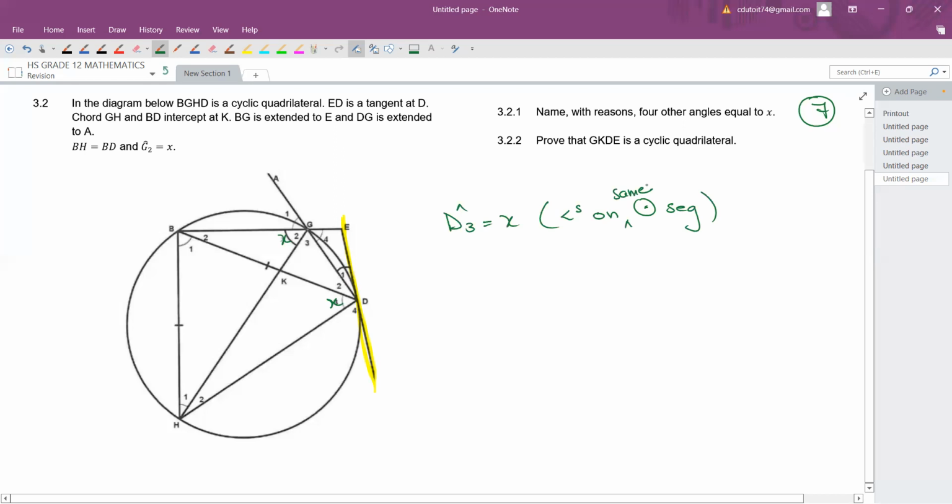It's angles on the same circle segment. I've just got angles on circle segment in mine. Okay, good. Right, so those two are both X. On mine it says same circle segment. So angles on same circle segment. Good. Right, another one.